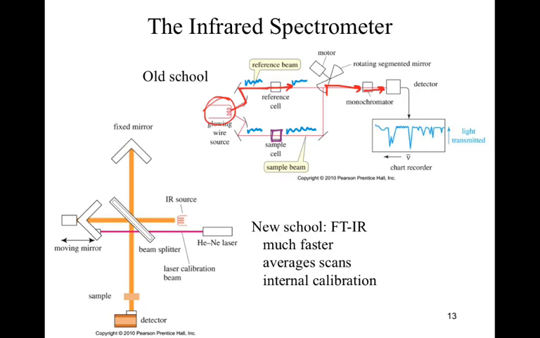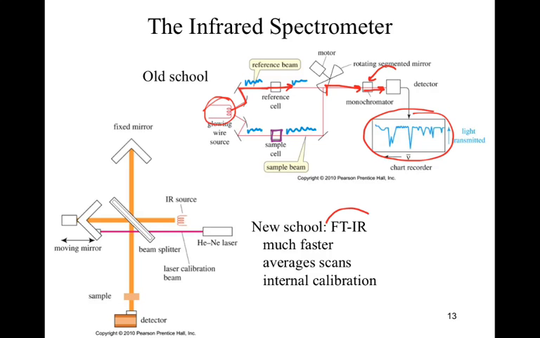The detector happens to have a tie back to the monochromator, so it knows when it's seeing light what that wave number is, and it can generate a plot. Okay, that old school process used to take a whole lot of time, massive equipment, kind of a big pain in the butt to deal with.